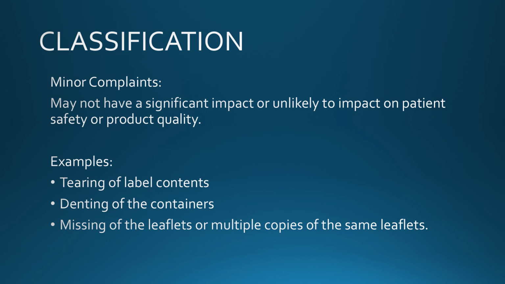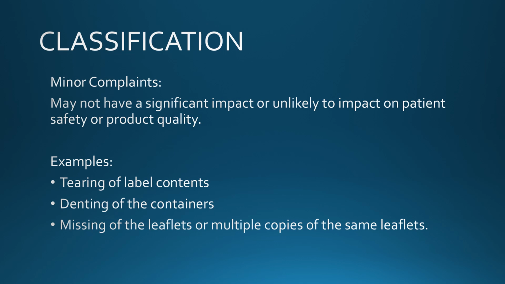The examples include tearing of the label contents. That means the contents that have been provided upon the label are not properly intact or some of the data has been removed from the label. Denting of the containers, so a little bit of damage or denting has been observed on the containers.